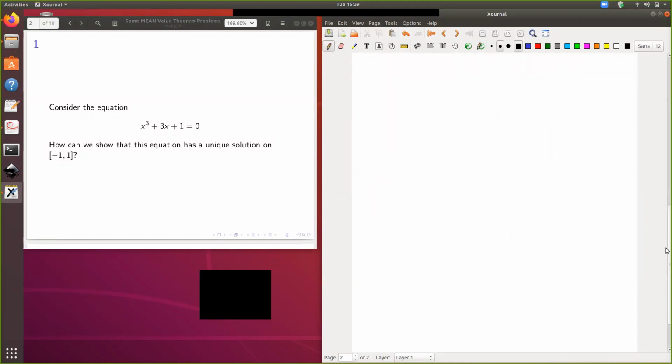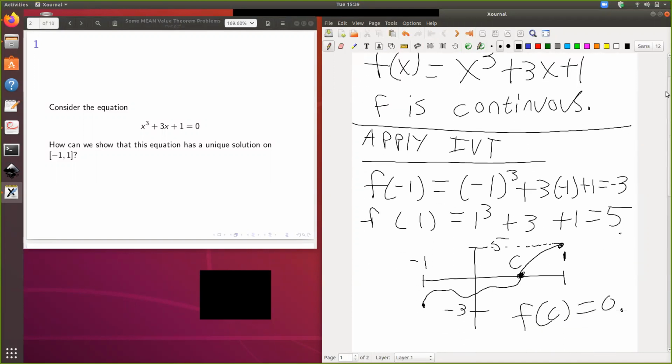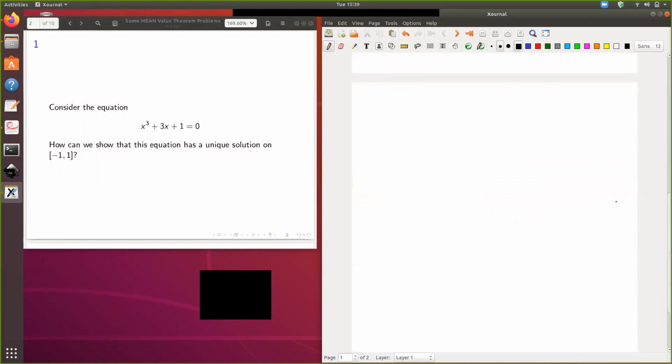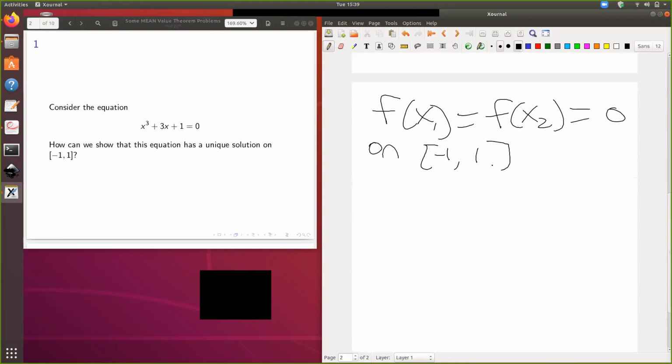Let me make a new page really quick. All right, so we have this solution right here, but why is it unique? Let's suppose that there are two values, f of x1 equals f of x2 equals 0, on the interval -1 to 1.